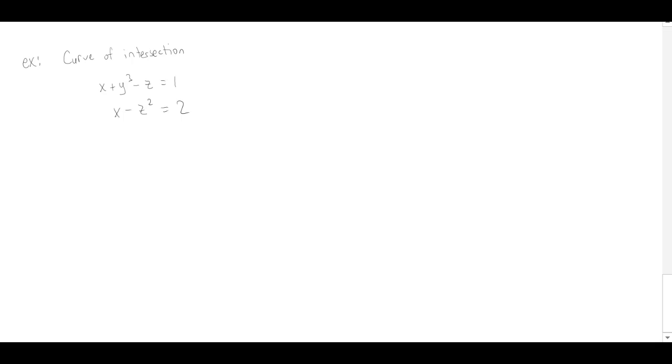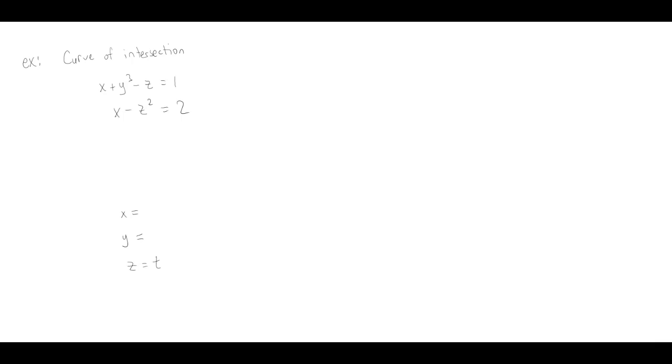In this problem, I'm going to choose z to be my parameter, so I'm just going to let z equal t. I just made that up, and now I need to try to express x and y in terms of t as well, okay?